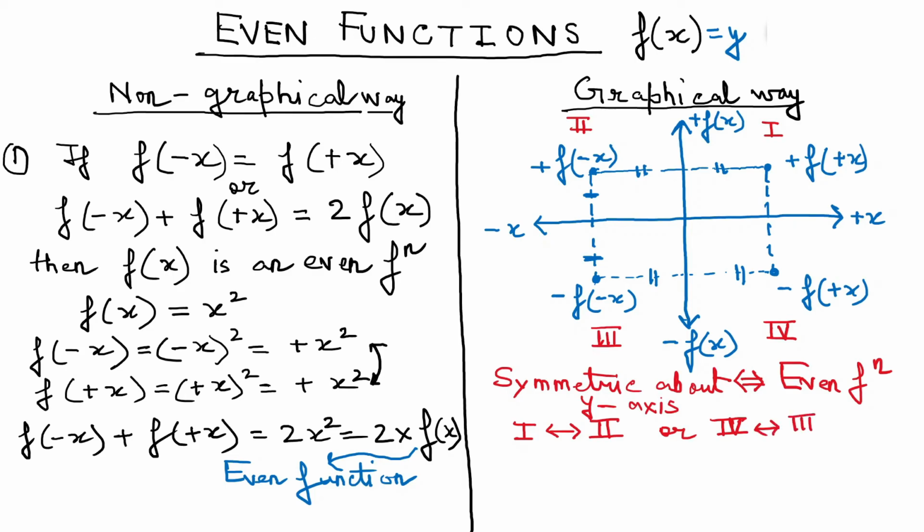If there is a graph in the first and the fourth quadrant, that should come, and if it is an even function, that should be symmetric, and that should come in the second and the third quadrant. This is the point that we are trying to make. Hope you will understand this and take your learnings to the next level.